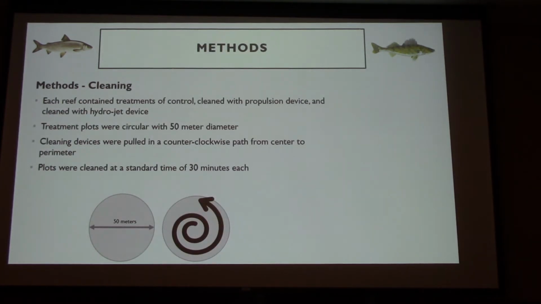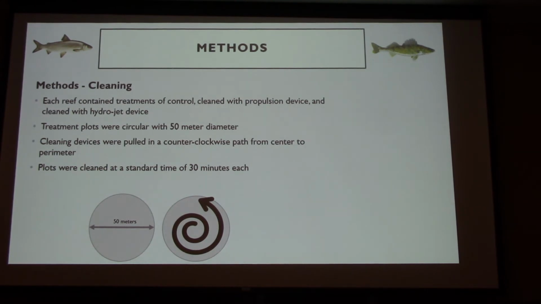Just to give you a quick look at how we did this out in the field, each reef had different treatments. We had a control, and we cleaned sections with our propulsion device and our hydrojet device. In 2018, we treated it as our pilot year, so we didn't have any replications. But in 2019, we increased the replications. At these sites, we cleaned 50-meter diameter plots, and one of the reefs wasn't really that big, so we were limited in how many replications we could have based off the size of these plots.